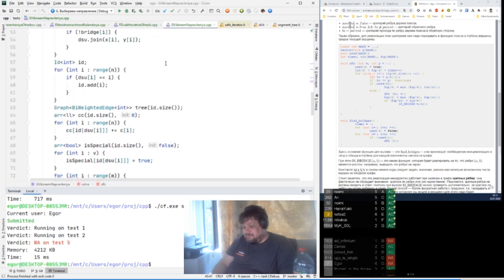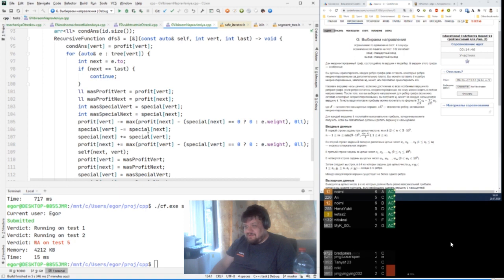So for the next 10 minutes, I basically would just look at code. Let's skip a little bit, because really nothing interesting happens here.